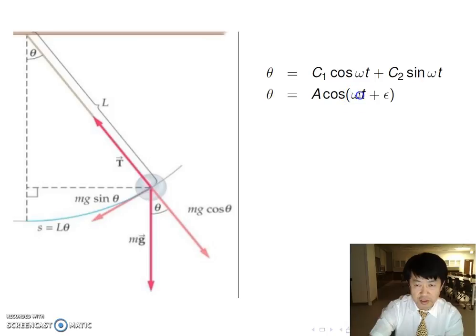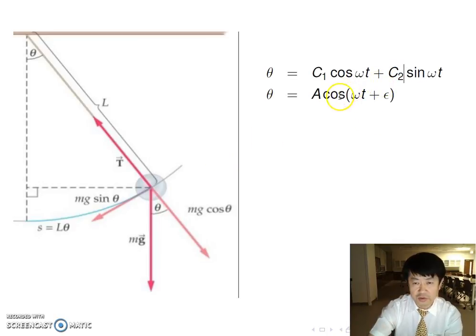So here omega t you can treat as alpha, and epsilon as beta. If you expand this, you will have this expression, because cosine epsilon is constant, that's embedded in C1. Sine epsilon is embedded in C2 as a constant.